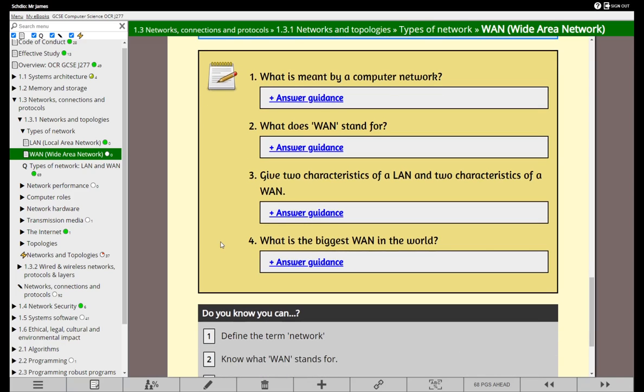So a few questions here to think about. What is meant by a computer network? Can you remember? It is when we have two or more computers that are connected together. What does LAN stand for? LAN. That's a local area network. And then WAN is your wide area network. Can you give me 2 characteristics of a LAN and 2 characteristics of a WAN?